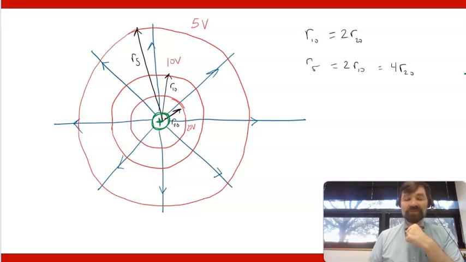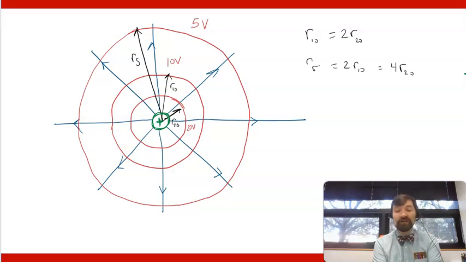This charge could represent a spherical distribution or a point charge. If it's a spherical distribution, then the circles stop at the surface.